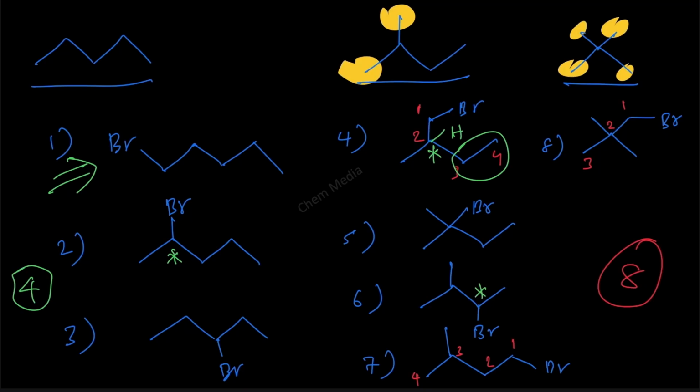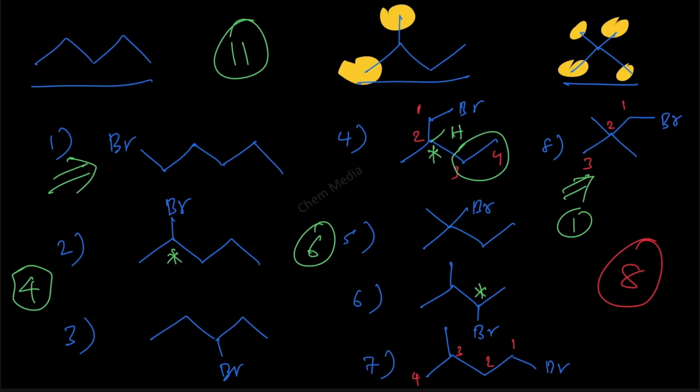So therefore here it would become 6 isomers. We don't have any chiral center here, so therefore that would count as 1. Therefore 4 plus 6 plus 1 11. So if they had asked include the stereoisomers as well, then the correct answer is 11, but excluding stereoisomers the correct answer is 8.